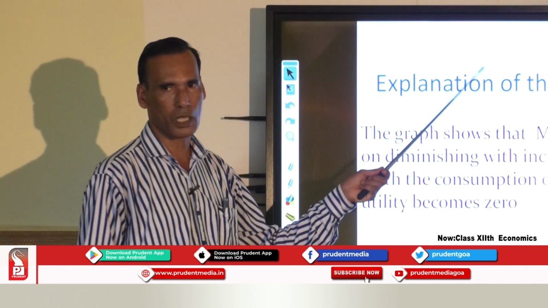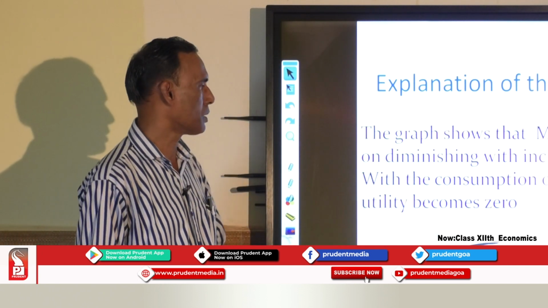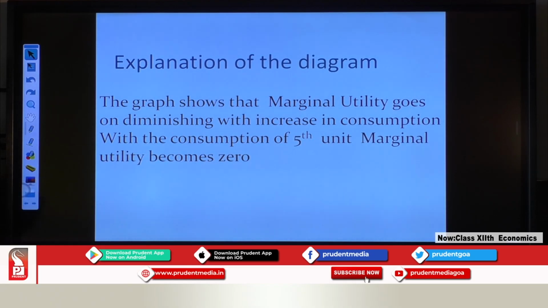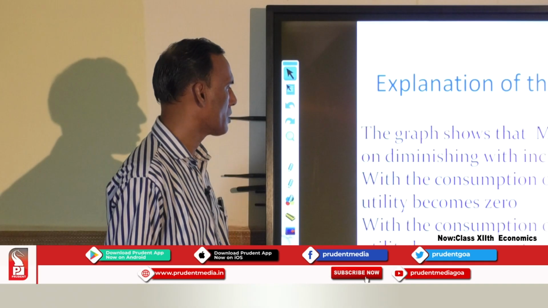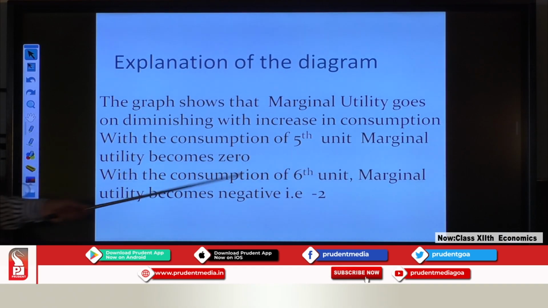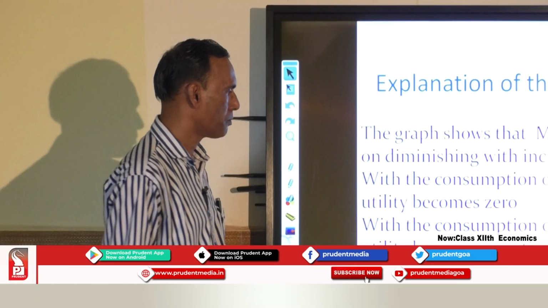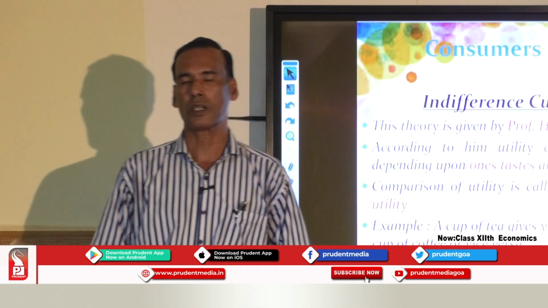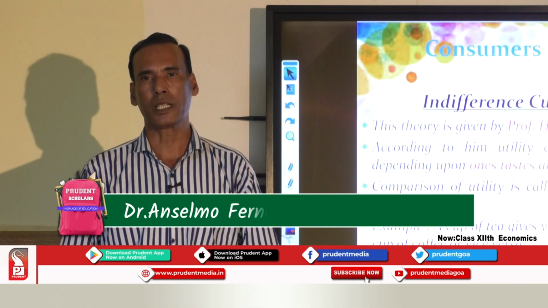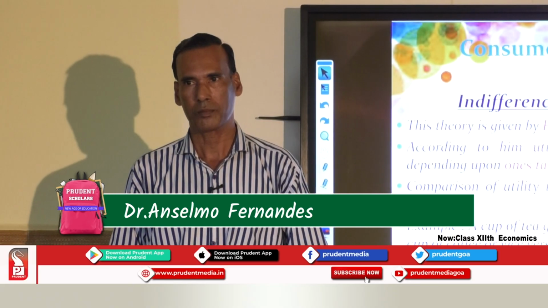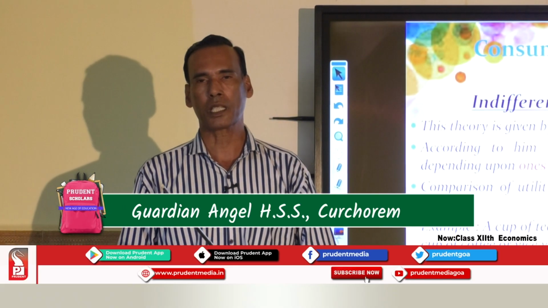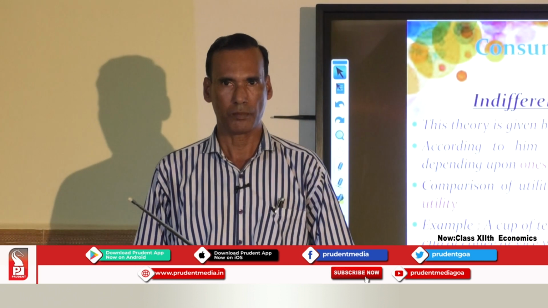This is with reference to the schedule that I have taken. With the consumption of the sixth unit, marginal utility becomes negative. So, this is the first part of the utility analysis, okay, wherein we learn about the diminishing marginal utility.